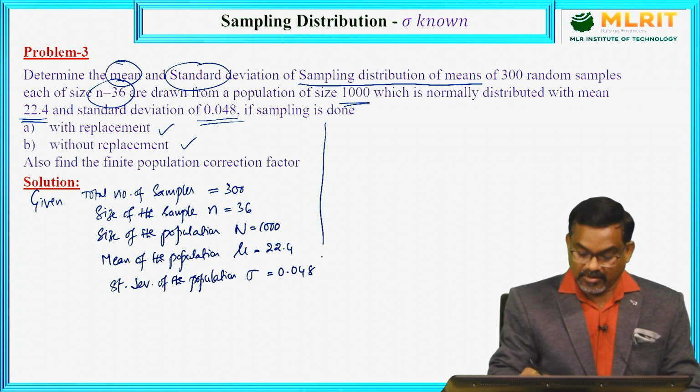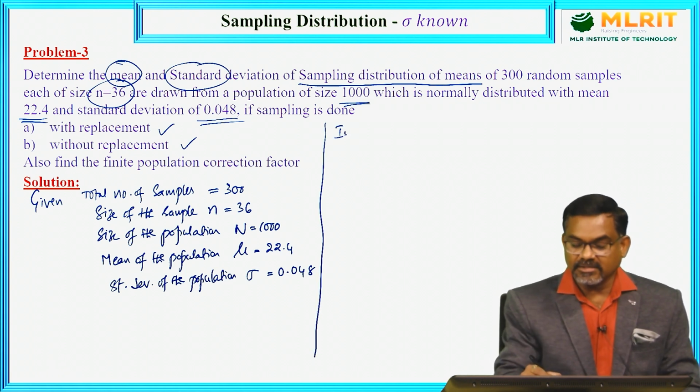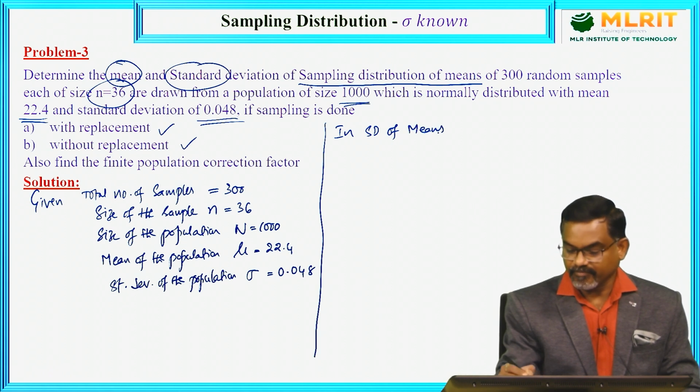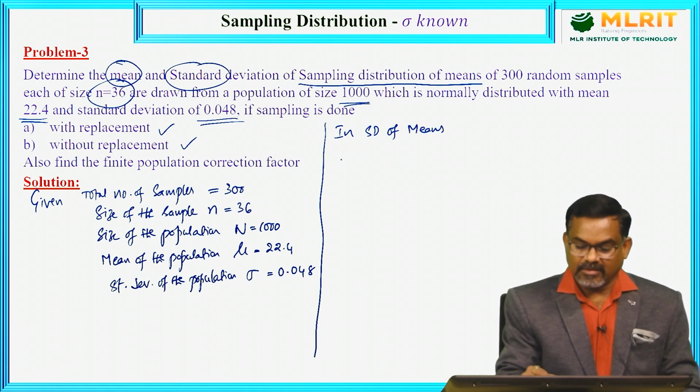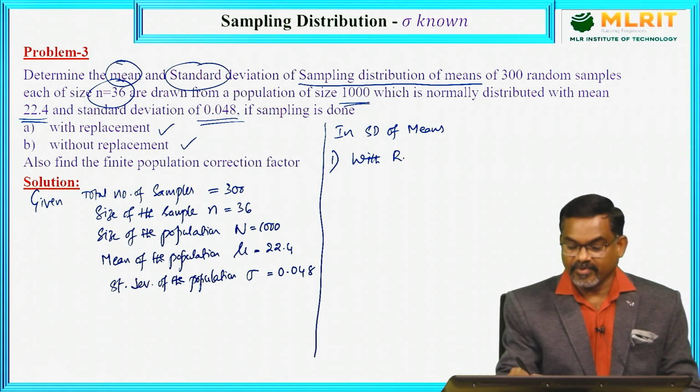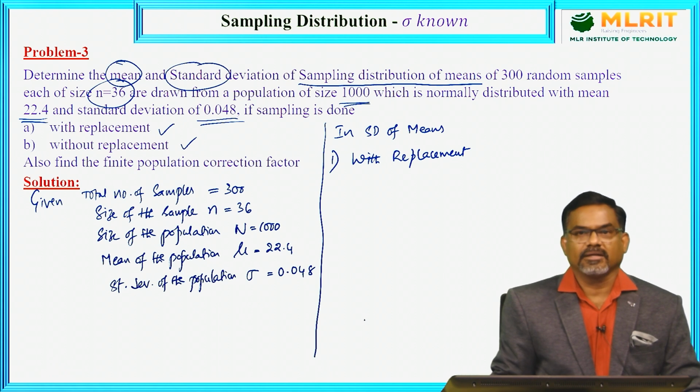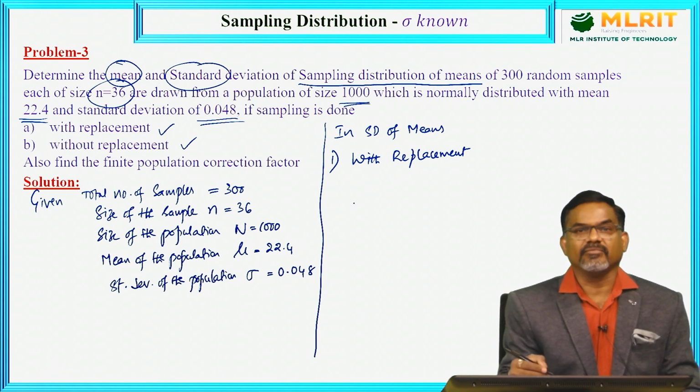So we know that in sampling distribution of means, first one, with replacement. Sampling with replacement can be considered as sampling from an infinite population.